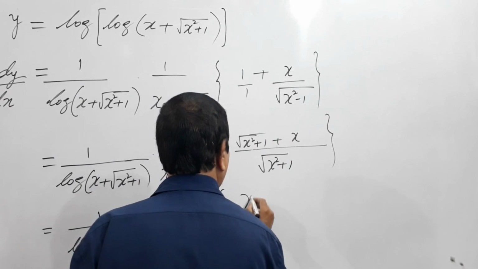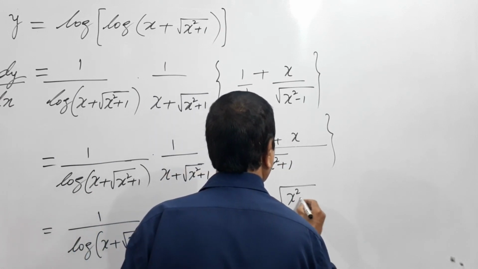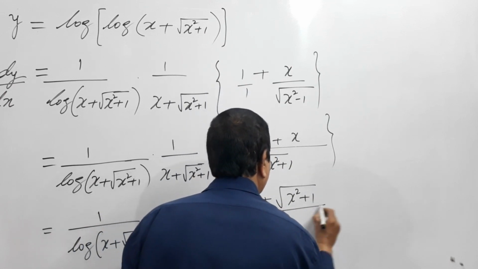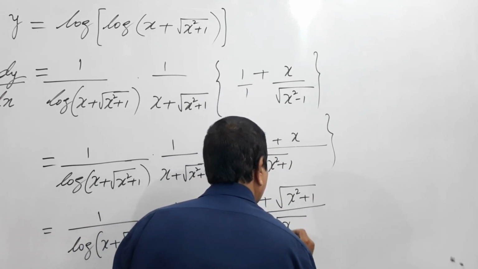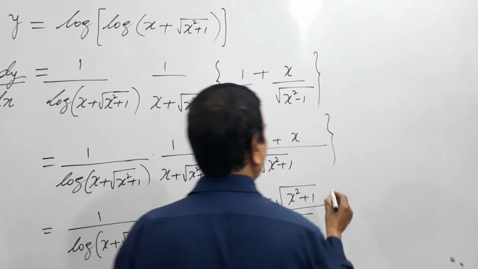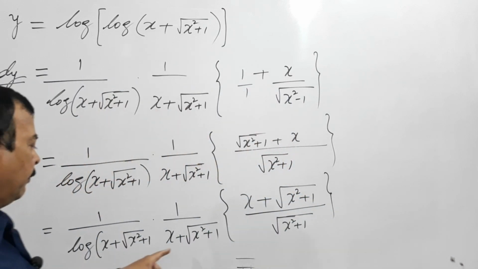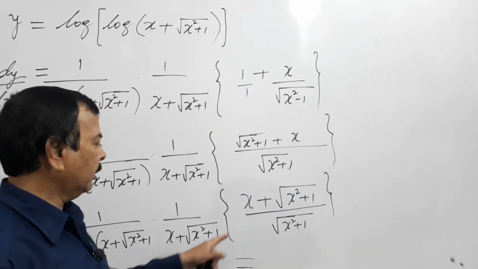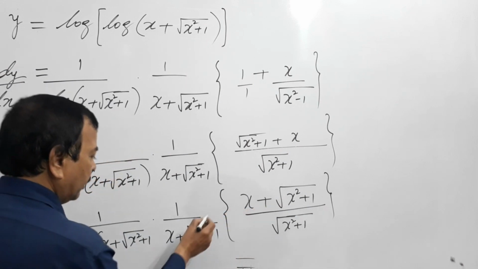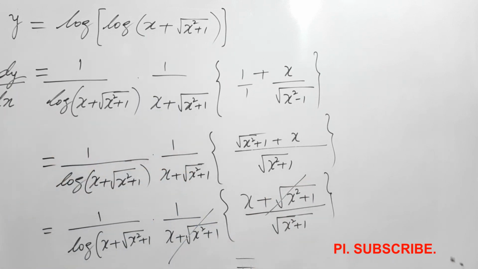So this becomes x plus under the root x square plus 1 divided by under the root x square plus 1. I close the bracket. See here, you have x plus under the root x square plus 1, and in the numerator we have x plus under the root. So this and this cancel.